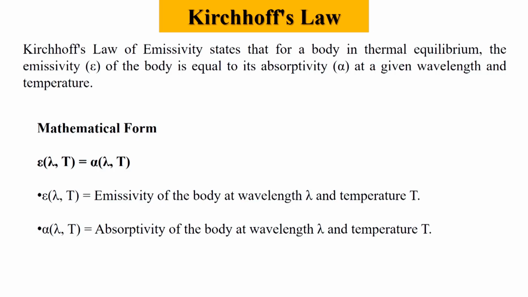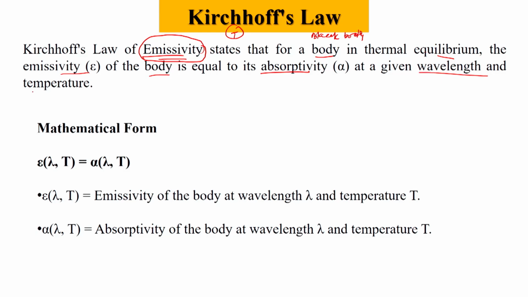Then there is a very important law that comes here, Kirchhoff's law of emissivity. We remember that black body emission is temperature dependent. Kirchhoff's law states that for a body, and here we talk about a black body only, in thermal equilibrium, the emissivity of the body is equal to the absorptivity at a given wavelength and temperature.